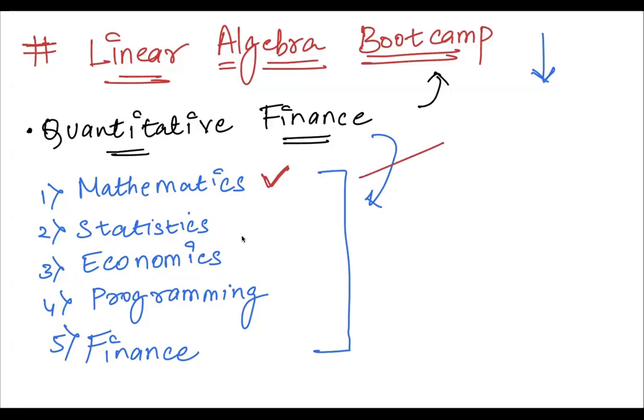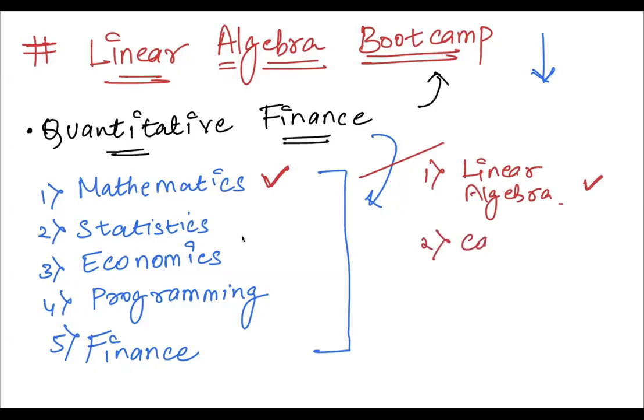For understanding the mathematics, there are various subjects which you as a quant should learn. The first subject is linear algebra. And in this bootcamp, I'll be teaching the linear algebra part and its application in quantitative finance. But I'm just giving you an overall understanding of this whole space. So, in mathematics, what is required is linear algebra.